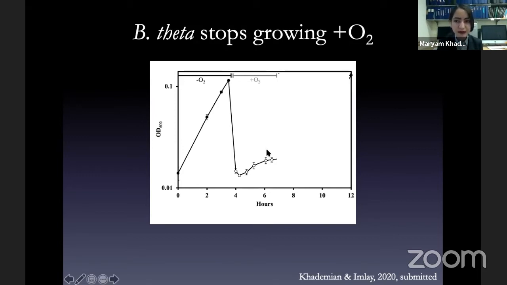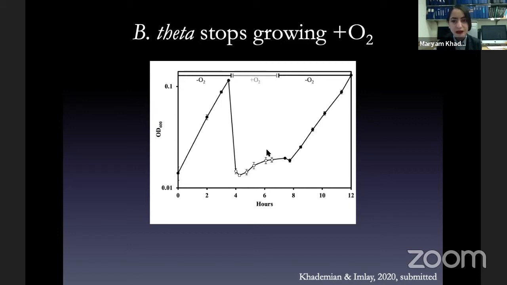What is surprising is that if I take the cells after I aerated them for almost more than 2 hours, take the cells back in the chamber, change the media to anoxic media, and put them at 37 degrees in the anaerobic chamber, these cells almost rapidly start growing.